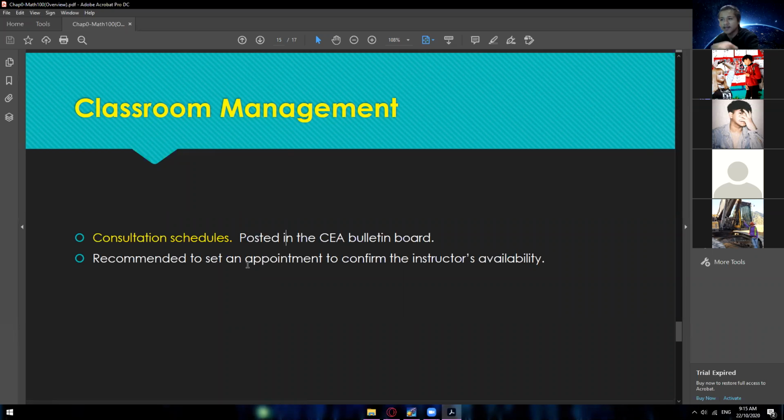Pinaka-recommendable ko is yung Facebook since doon ako laging naka-online. Sa Canvas kasi minsan lang, like 3 times a day or 5 times a day lang ako mag-open doon, so mas matagal yan. So, no need for an appointment. Message na lang agad kapag may question or queries kayo regarding our discussion, quizzes, or kung ano man yung concern mo. Okay?